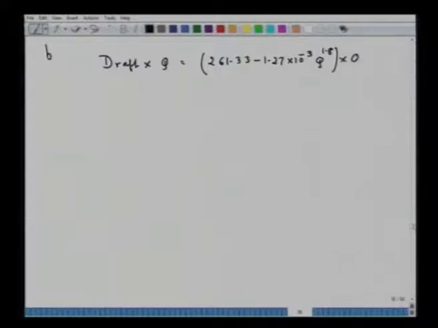So in the B part, you have to find out horsepower equivalent. So all that you have to do is multiply draft into Q, which is the flow rate, that is equal to 261.33 minus 1.27 into 10 to the power minus 3 Q raised to the power 1.8 into Q. We have to find out, because this equation shows there is a maximum.